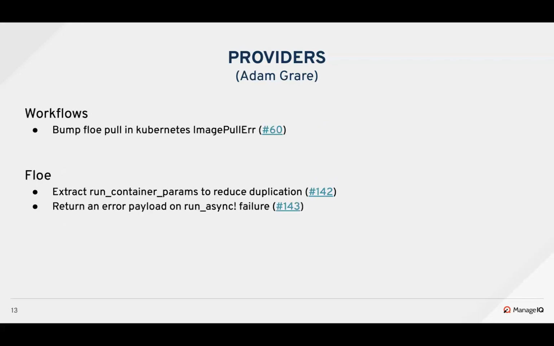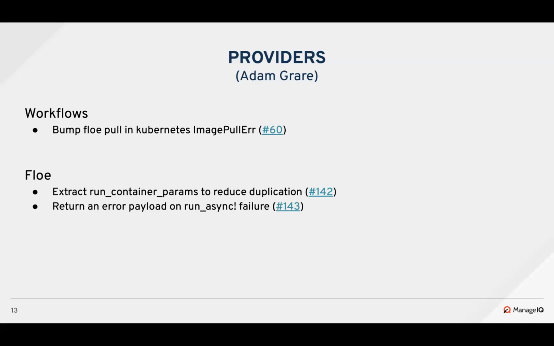Next slide. For workflows, we bumped the floe gem to pull in a fix for the Kubernetes runner so that it will handle image pull errors properly. Previously, it was waiting indefinitely because Kubernetes says that the pod was pending when it in fact is never going to run, and we treat that as an error now.